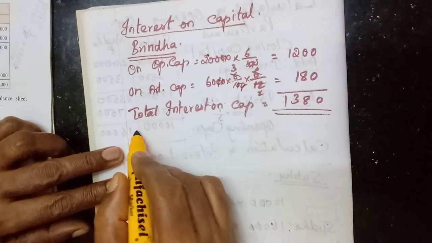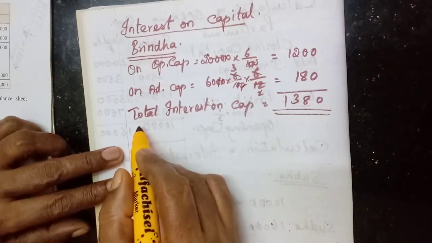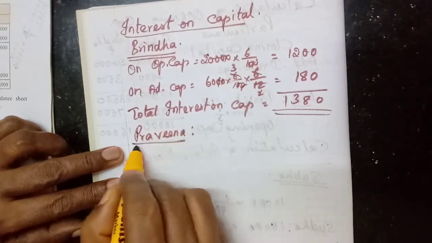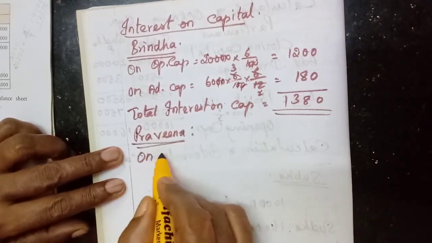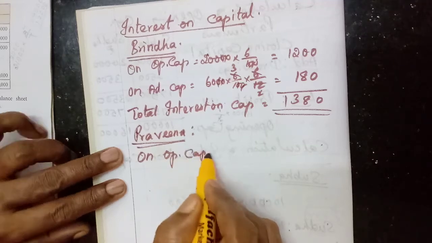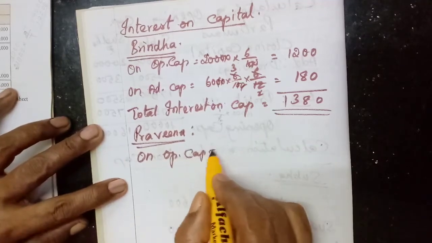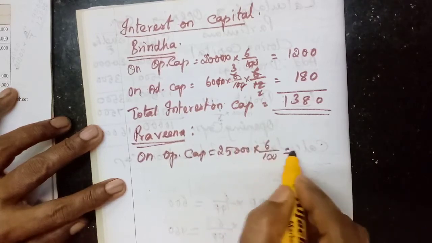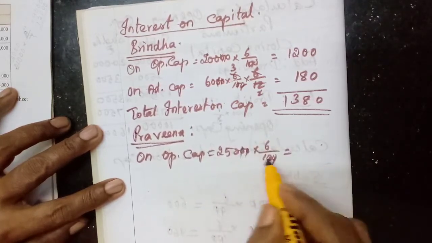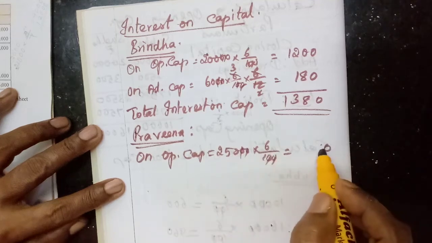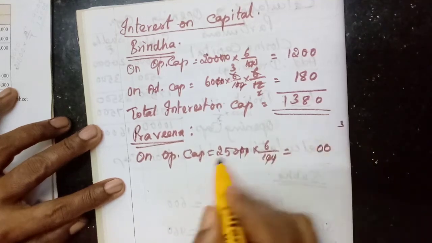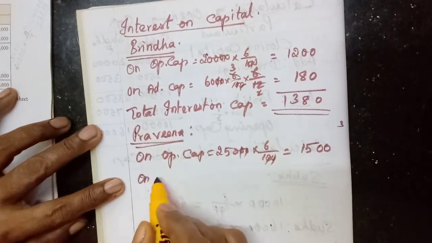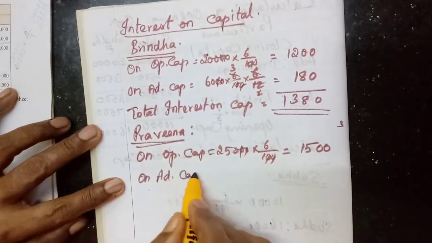Then next, Brinda, the next one Pravina. Pravina's opening capital. How much? 25,000, isn't it? So 25,000 into 6 by 100, 2 0, then 1 0, then 5 6 are 30, balance 3, 2 6 are 12, 12 plus 3, 15. Then on additional capital.